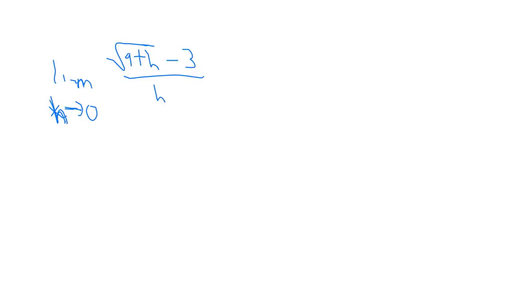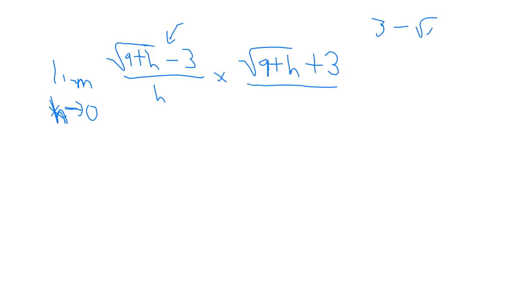The first thing that you do whenever you see a square root is try to multiply by the conjugate. If you don't remember what the conjugate is, you flip the sign of the thing that's outside the square root. So this sign flips, or if you had, say, 3 minus square root of x, then it would be 3 plus square root of x.